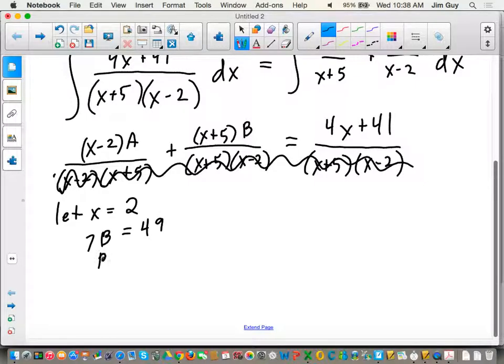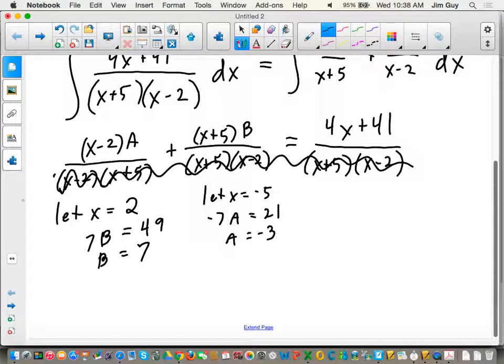You get B equals 7. And the other number that would make your life easier would be let x equal negative 5. So that's gone. I get negative 7A equals negative 21. A equals negative 3.